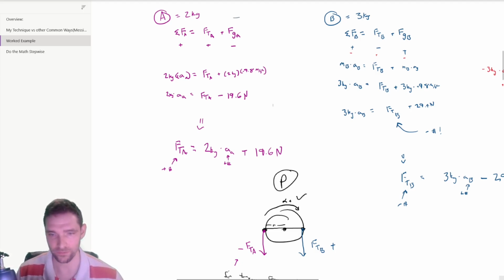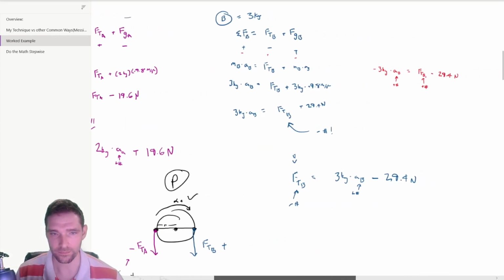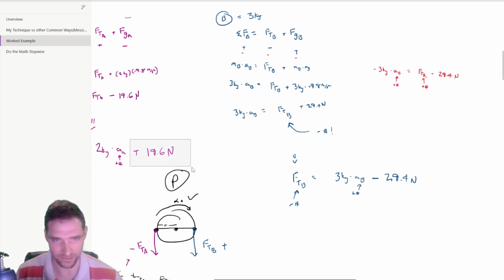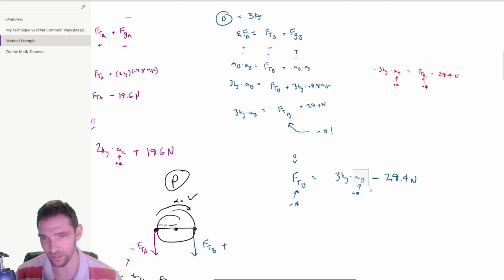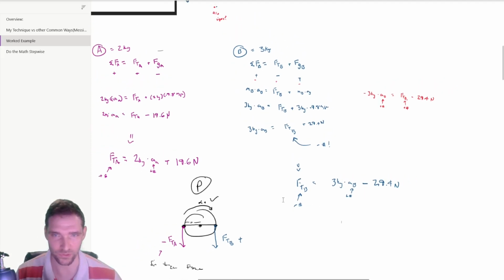And vice versa, if we're looking at B here, you end up getting this negative as opposed to this positive. So it's a little bit different because the f of g's were different signs that you brought over to the other side. Now both accelerations were positive, so their sum of forces both should have been positive. That's why it's the 3 and the 2. So very, very similar in that regard.